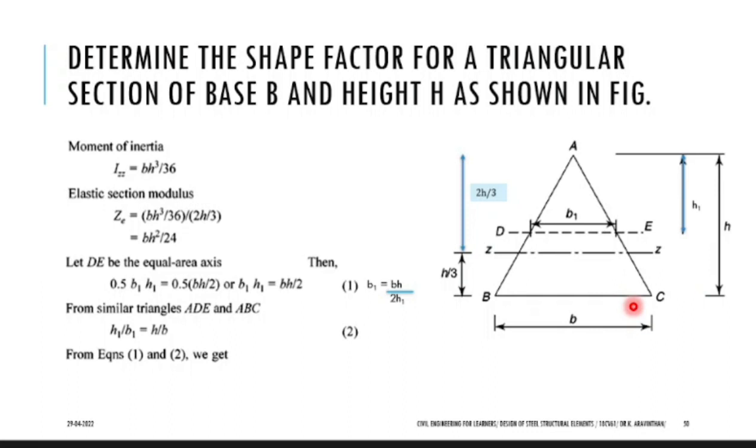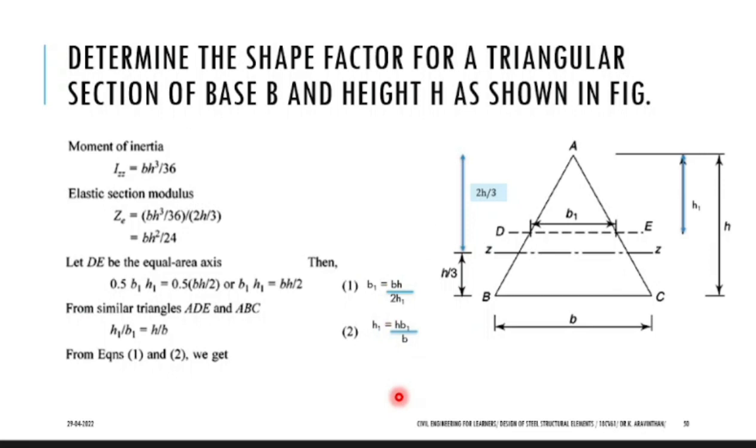I can draw any number of triangles with this ratio, a higher triangle and more higher than that, the ratio will be the same. What is that ratio? H1 by B1 will be equal to H by B. This is the equation. Now from here, can I find H1? You can cross multiply B1. So what will be your answer? H1 equals H B1 divided by B. Now you have found B1 and H1.